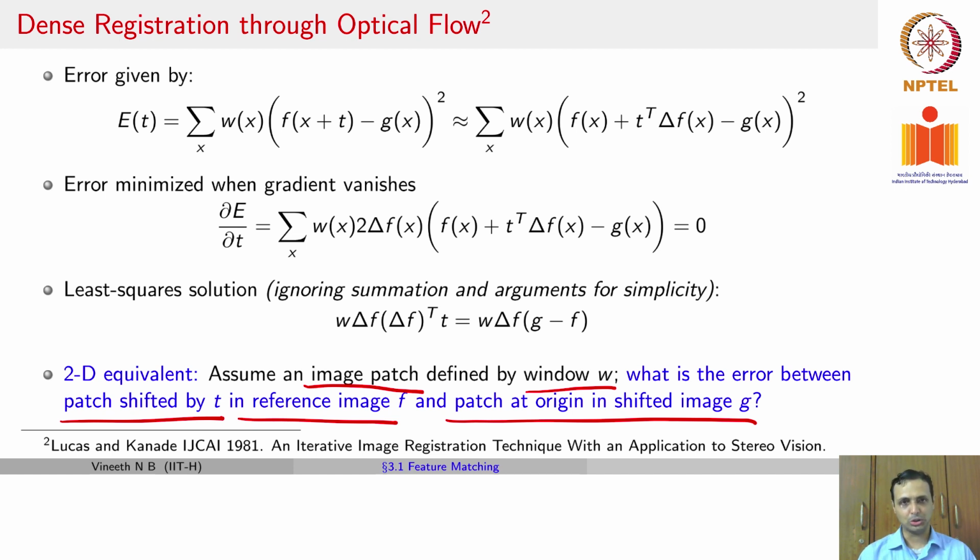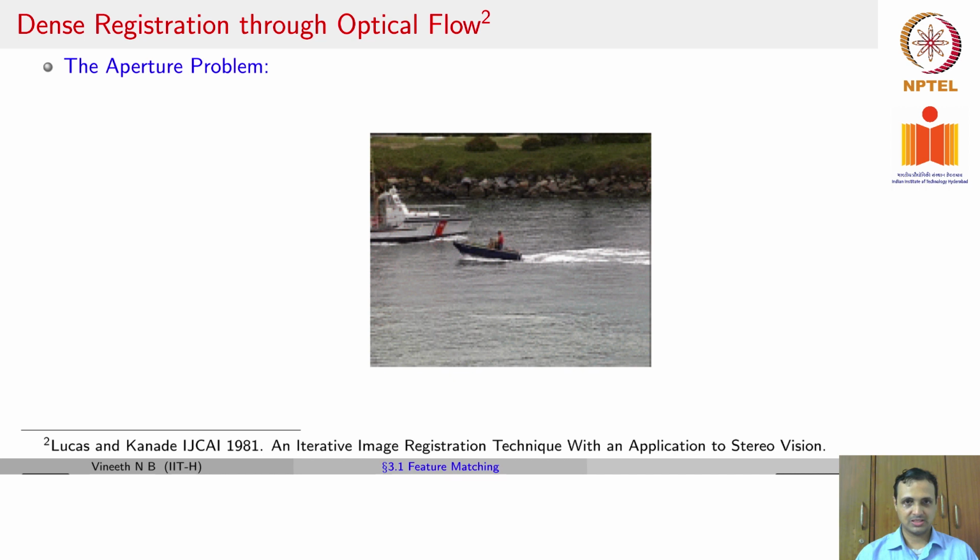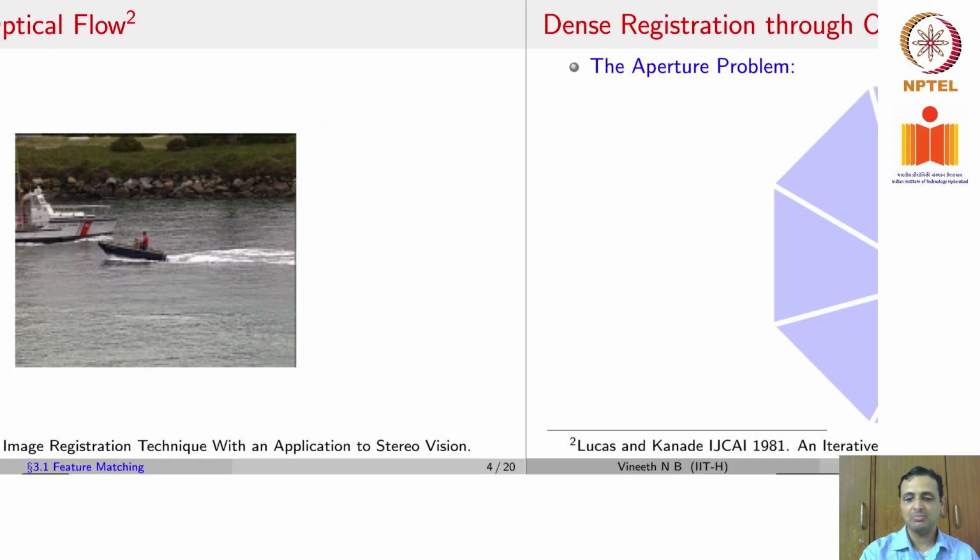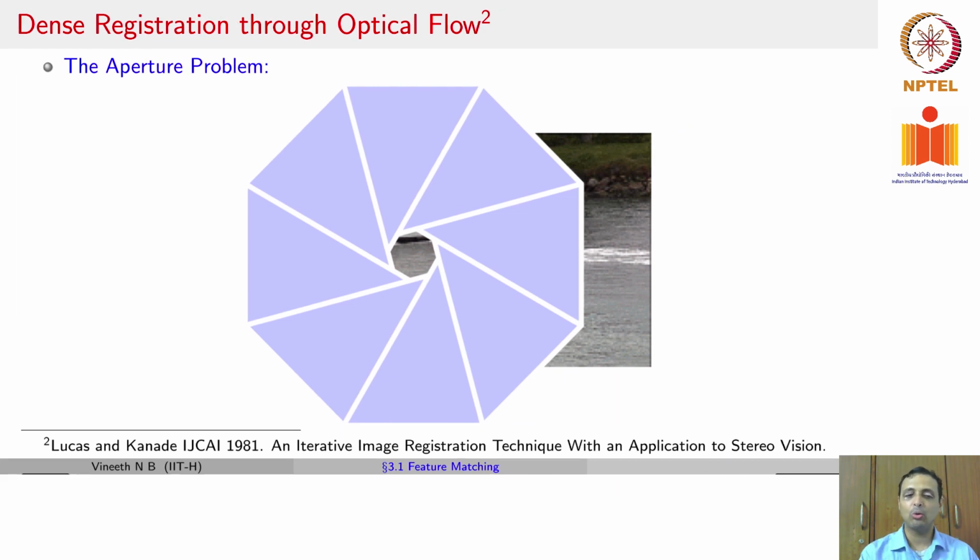A very simple solution. One of the problems of this approach is the same aperture problem that we dealt with when we moved from images to the Harris corner detector. Remember, the aperture problem simply means that you can only solve this problem for a very local neighborhood. Why so? Because the entire way we solved the problem assumed a local neighborhood.